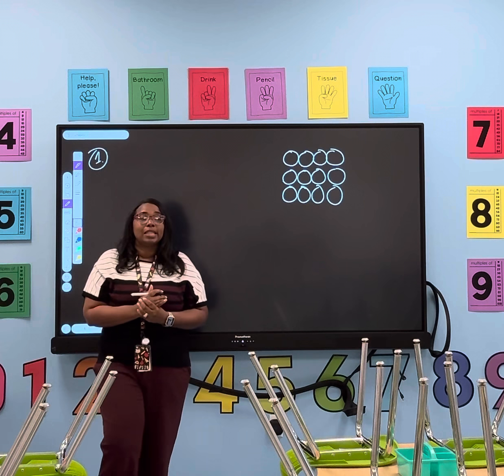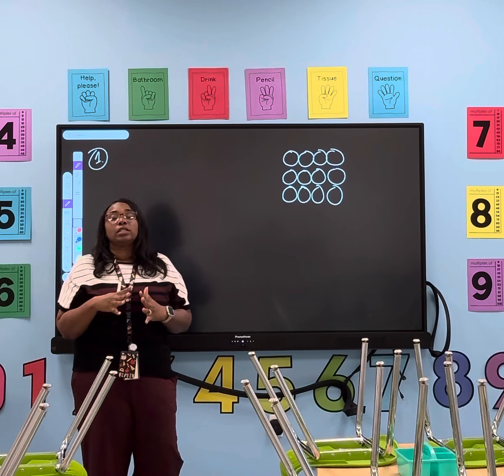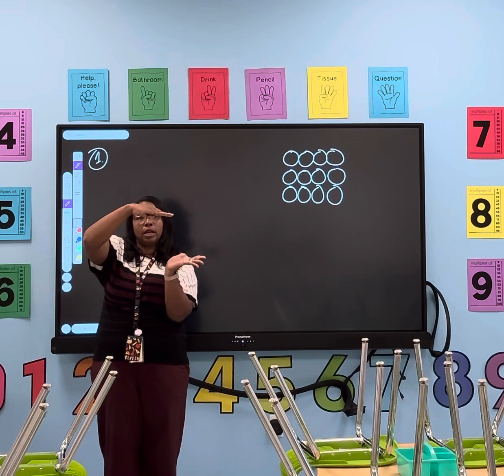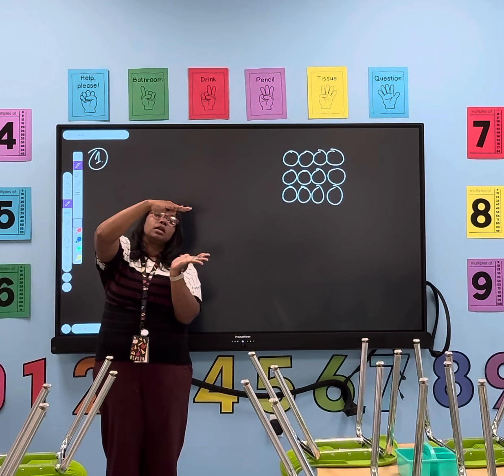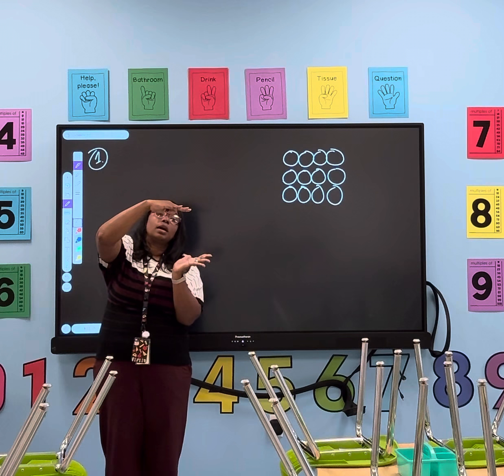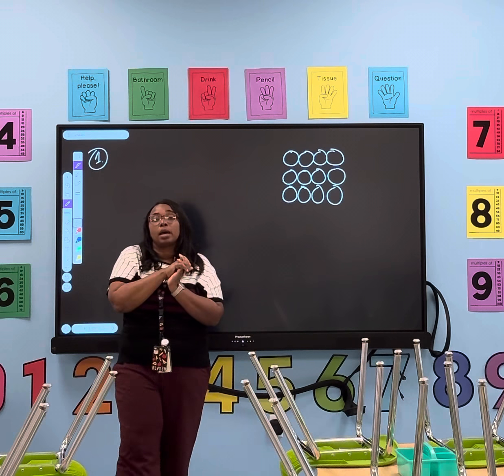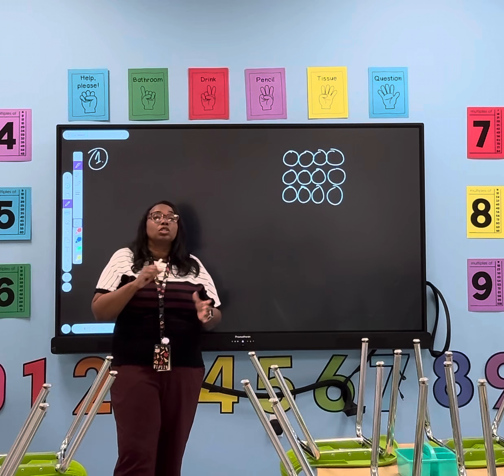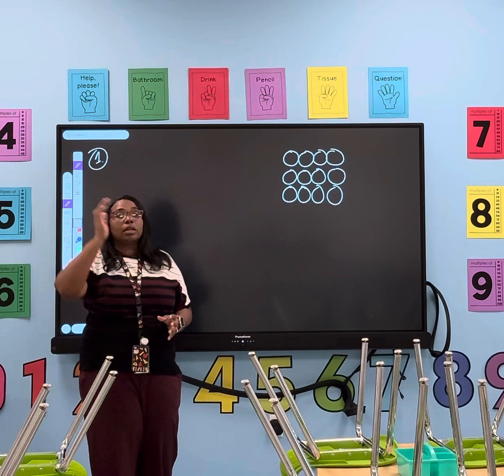Then we did another strategy where we took the big array and turned it so it gives us a different array, but easier numbers to multiply by, because it's probably numbers that we've already practiced skip counting with. So I'm going to show you exactly what that is. Let's go ahead and get started.